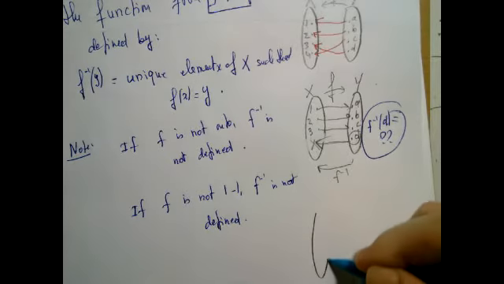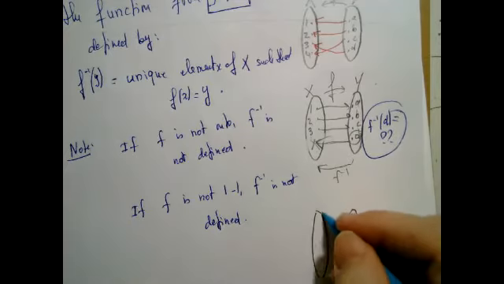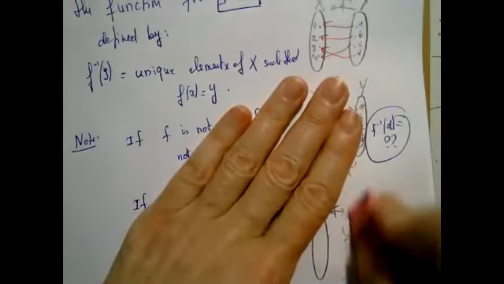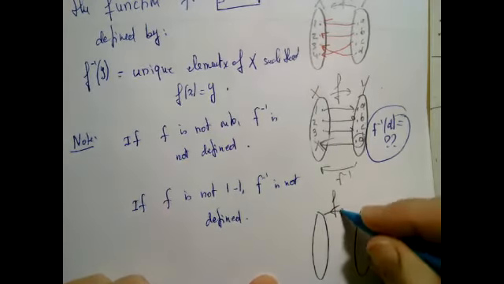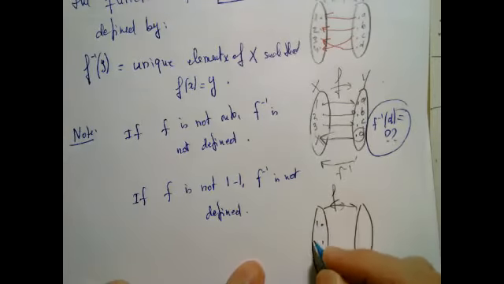So I'm going to take a picture where this is my f, and my f fails to be 1-to-1. Then what's going to be the problem? So I draw a picture while you guys are thinking.